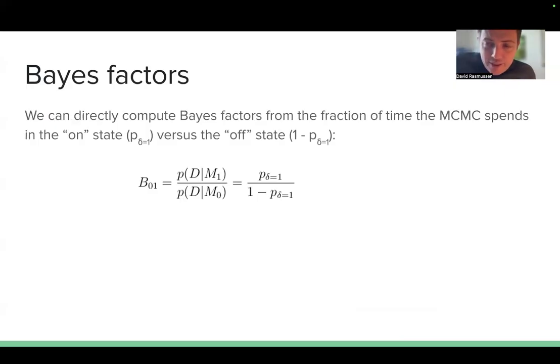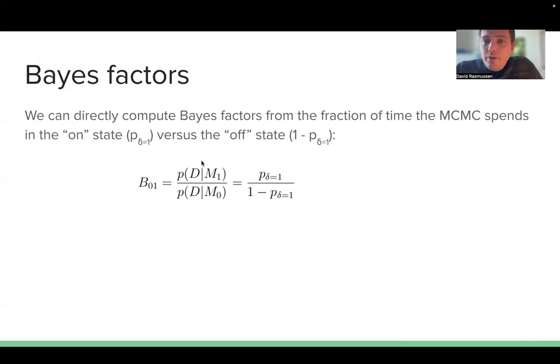And the beauty of doing this all within this Bayesian stochastic search variable selection is that in our MCMC framework, these dummy variables that we're using, these indicator variables, the deltas in our models, will be sampling different values between 0 and 1, where 1 represents the on state and 0 represents the off state.